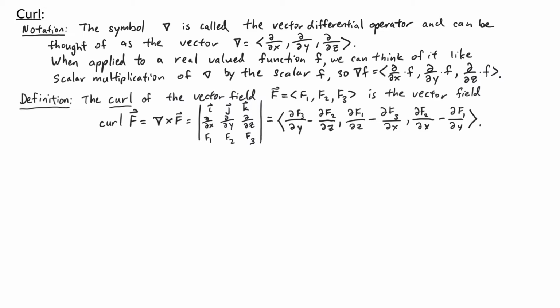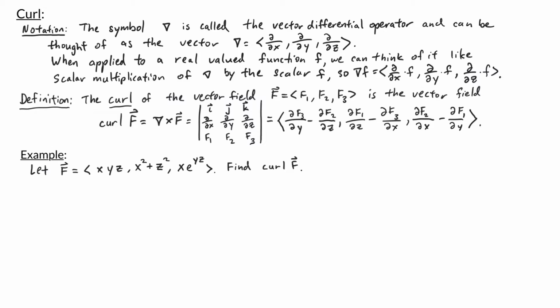So in the first component, we have partial derivative of f3 with respect to y minus partial derivative of f2 with respect to z. In the second component, we have partial derivative of f1 with respect to z minus partial derivative of f3 with respect to x. And in the last component, we have partial derivative of f2 with respect to x minus partial derivative of f1 with respect to y.